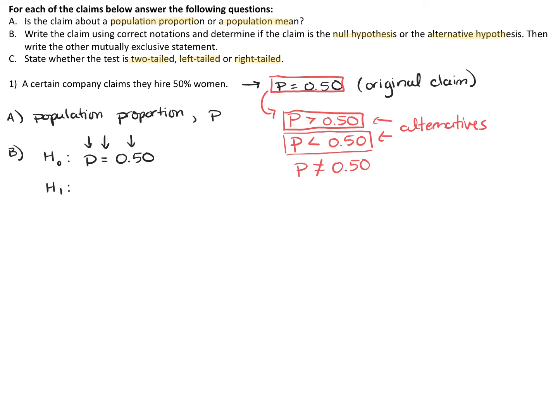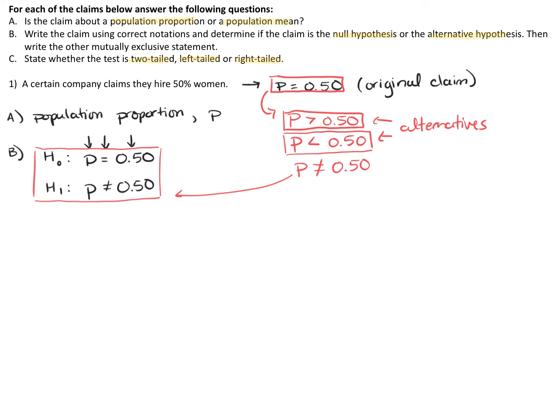So that tells us that if it's not equal to 0.50, it could either be greater than or it could be less than. So this statement here then becomes the alternative hypothesis. So the alternative hypothesis is that P is not equal to 0.50. So here we have our null hypothesis and our alternative hypothesis written correctly using symbols.